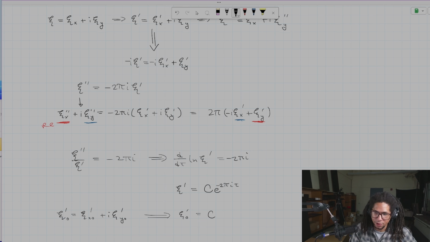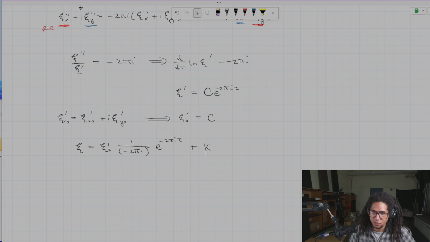And now I can integrate both sides of the equation to find xi. So xi is equal to xi naught prime, so I guess I'll just pull this down, minus 2 pi i in the denominator, e to the minus 2 pi i tau plus a new constant, which I guess I'll call K. All right.